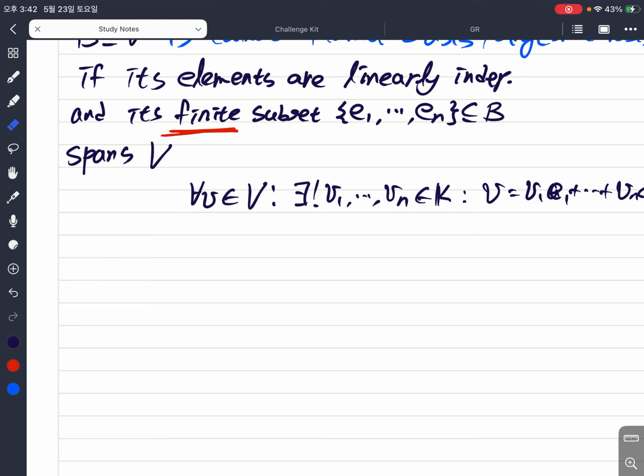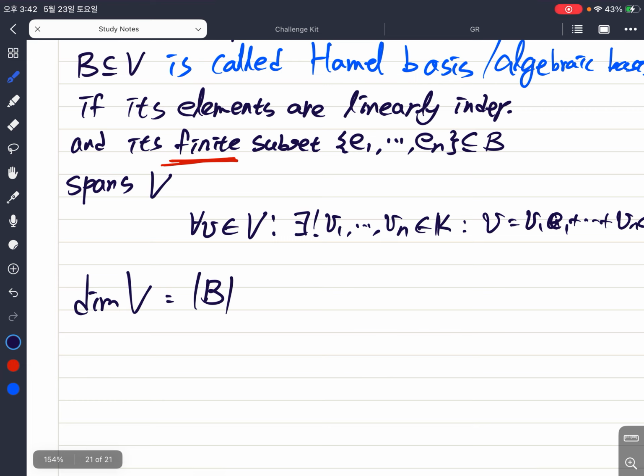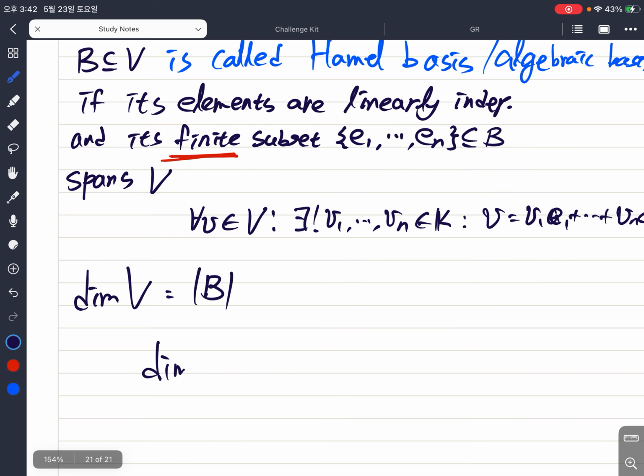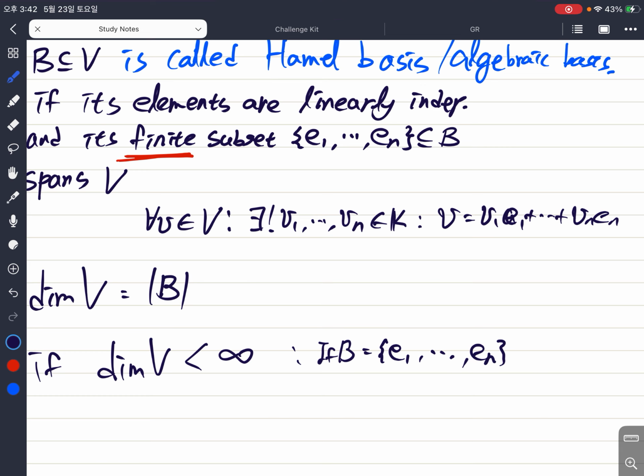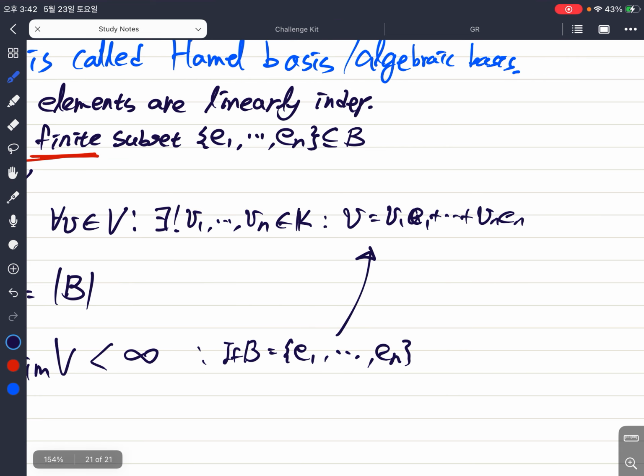And the dimension of V is nothing but the cardinality of a basis, and this is what you call a basis. In the finite dimensional case, dimension of V is the size of B. So if B is e_1 to e_n, it is the spanning set e_1 dot dot dot e_n, nothing else.